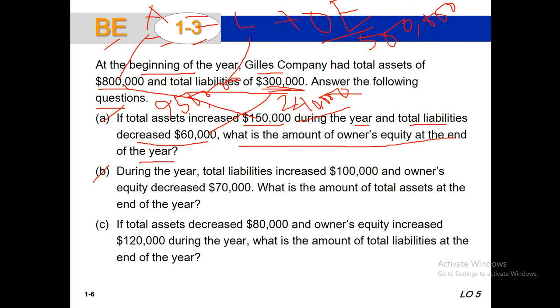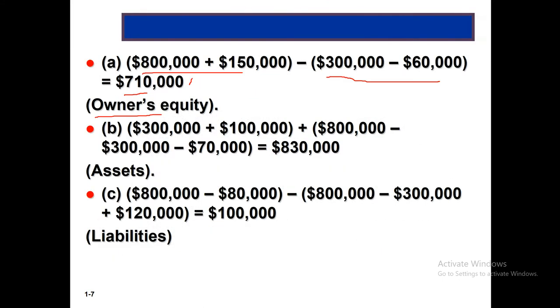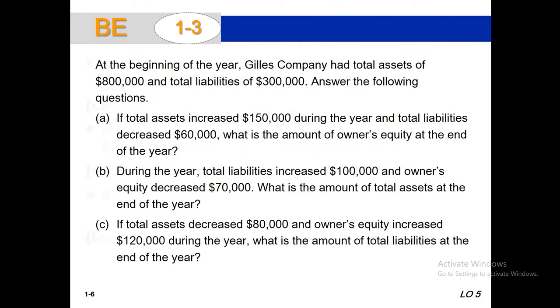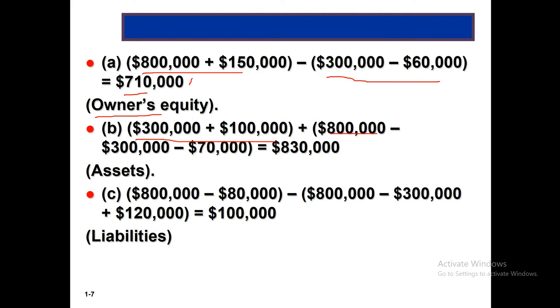Now B. During the year the total liabilities increased 1 lakh. So our total liabilities were 3 lakh and increased by 1 lakh, so liabilities will be 4 lakh. Now owner's equity decreased 70,000. We have owner's equity of 5 lakh, that means 8 lakh minus 3 lakh is 5 lakh.